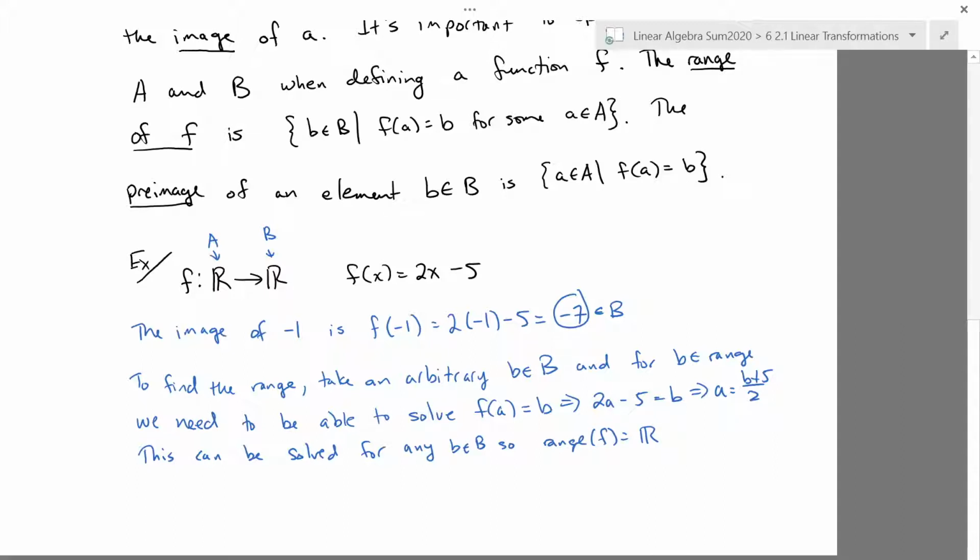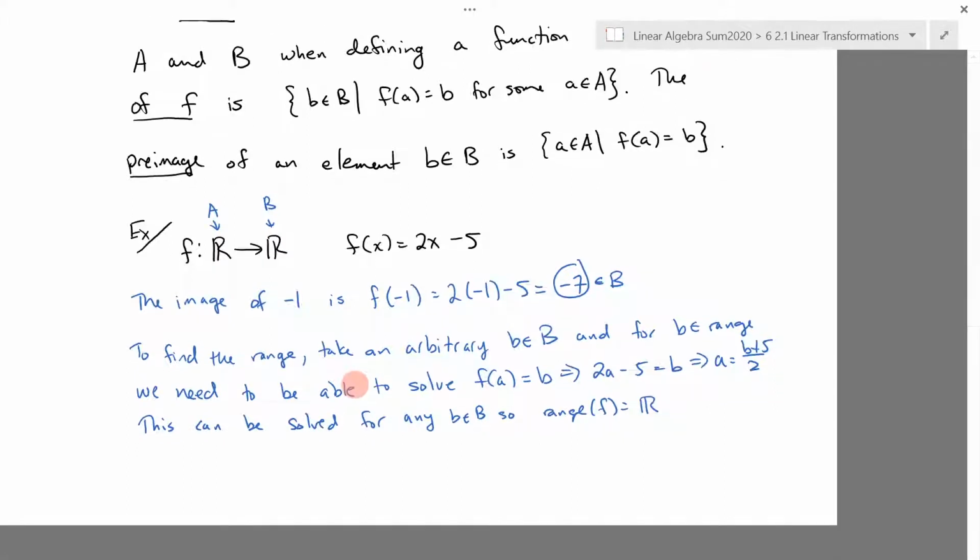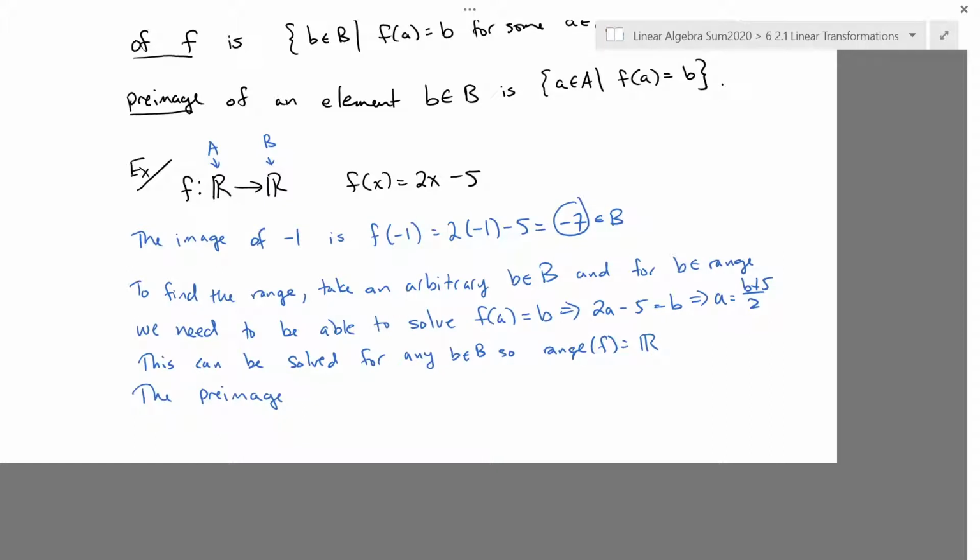Okay, so that's the range. And finally, let's look at the preimage. So say the element 0. Right, so here I'm taking 0 from the codomain.